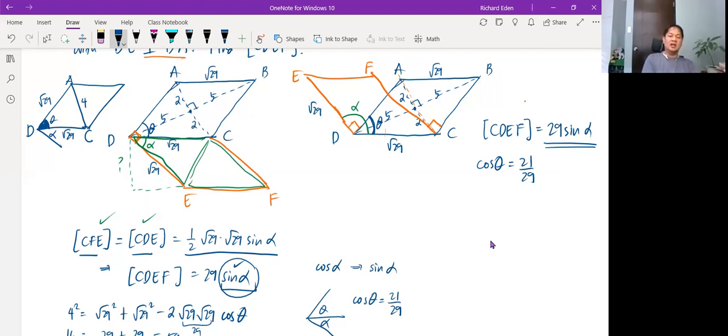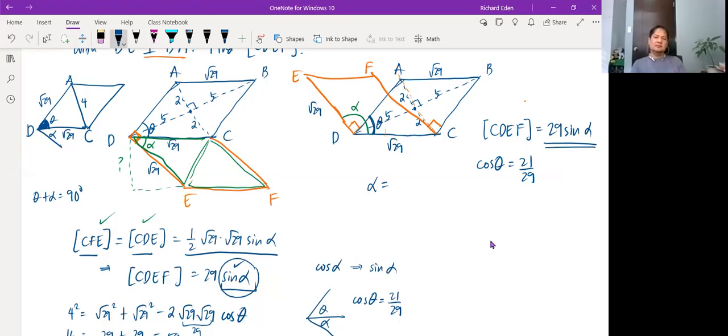However, in the first figure, theta plus alpha had a sum of 90 degrees, but that's not the situation this time. What relates alpha and theta now?